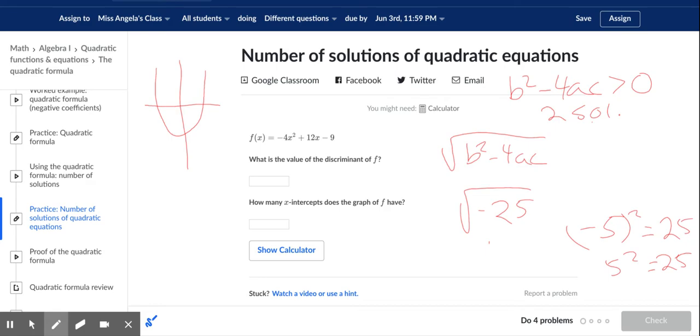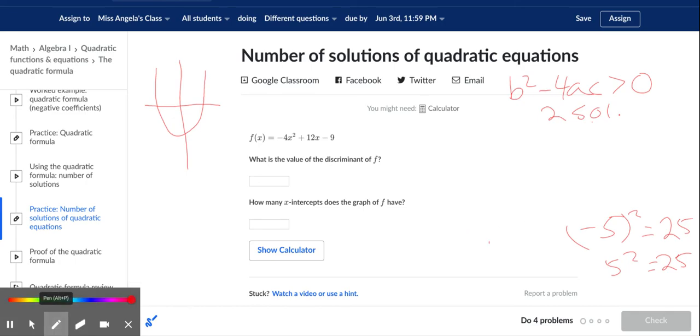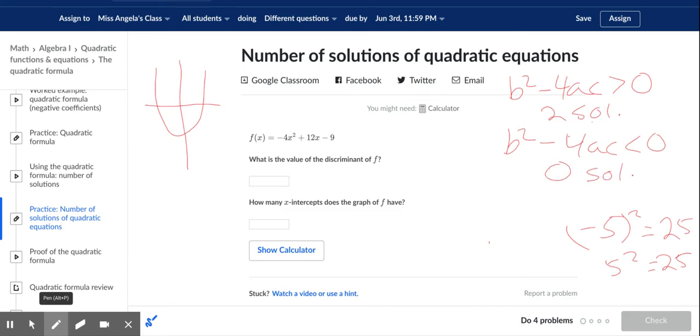If b squared minus 4ac is less than 0, then I have no solutions. 0 solutions. So that might be a situation like this, right? It's off above the x-axis. It never crosses it.